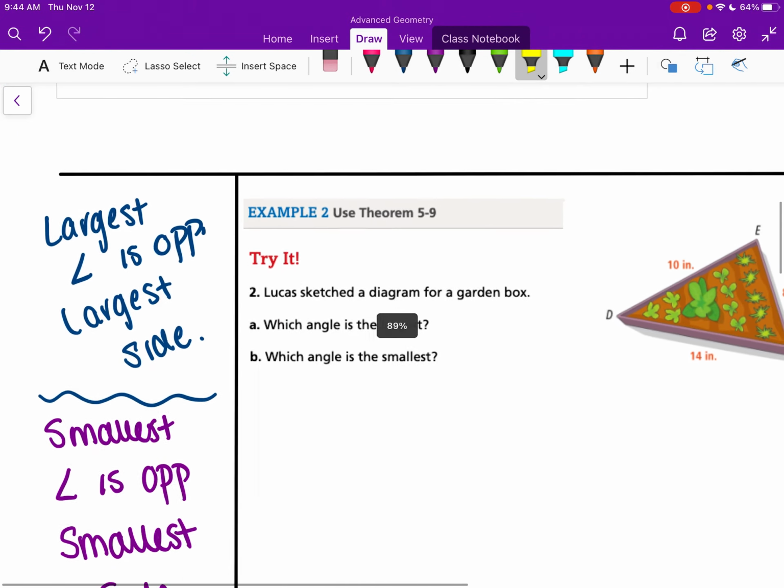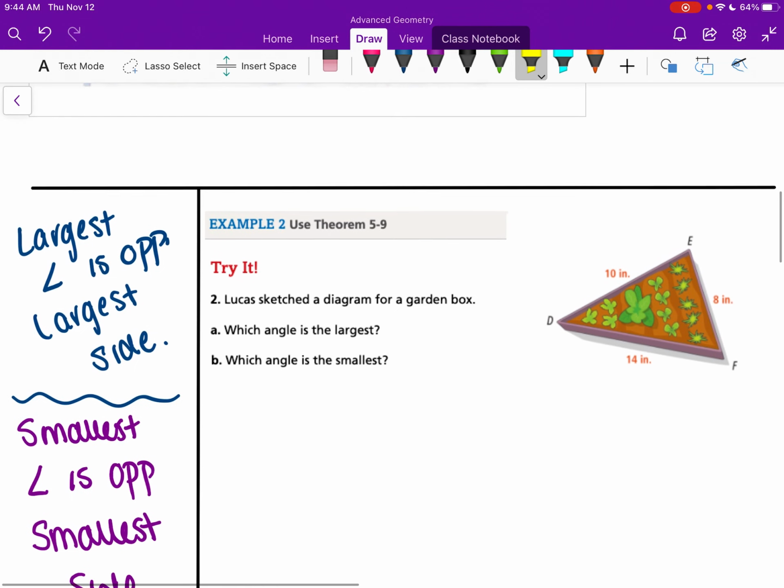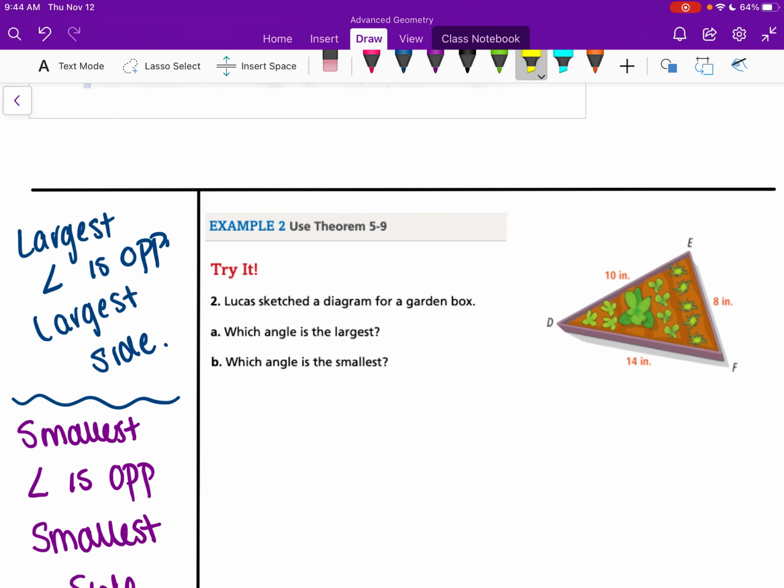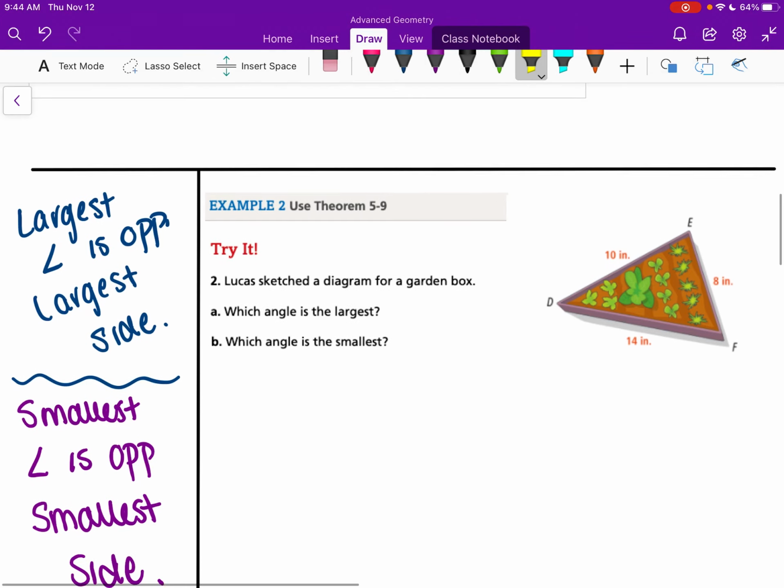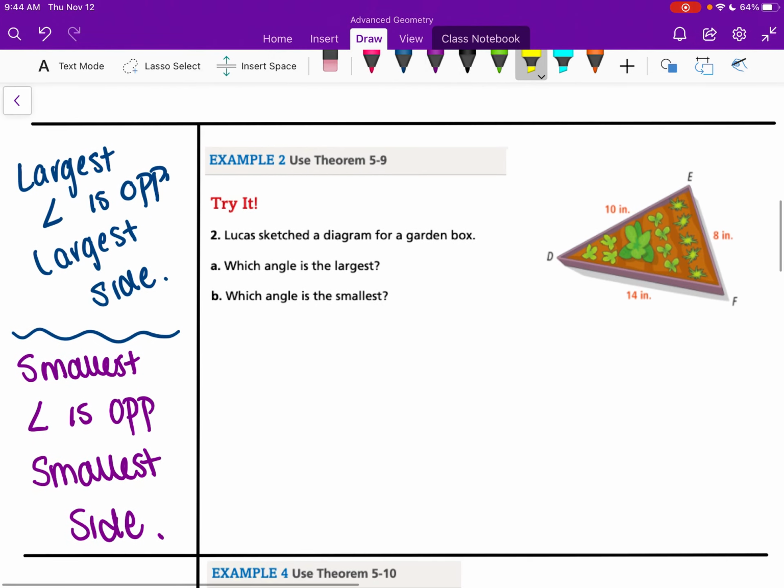Example 2 is having us use Theorem 5.9, which was about that the larger angle lies across the larger side. And so we have our little sketch here that Lucas sketched a diagram for a garden box. And we can see that we have 3 given side lengths, 10, 14, and 8.